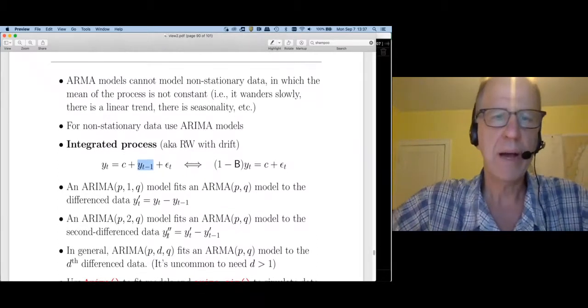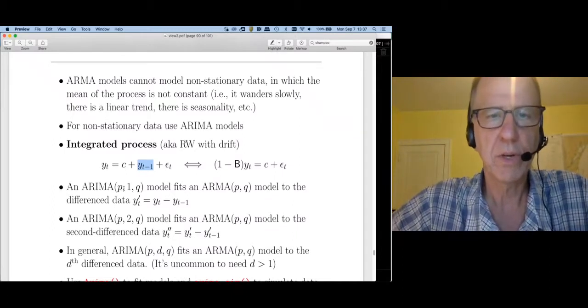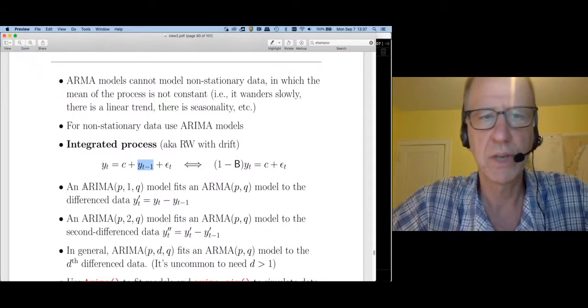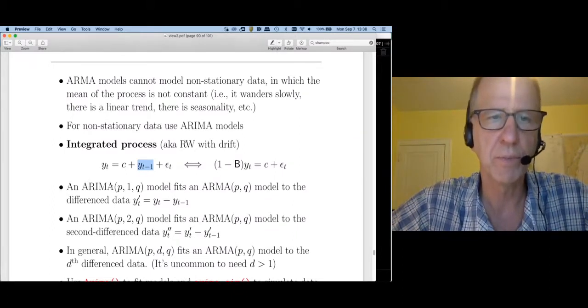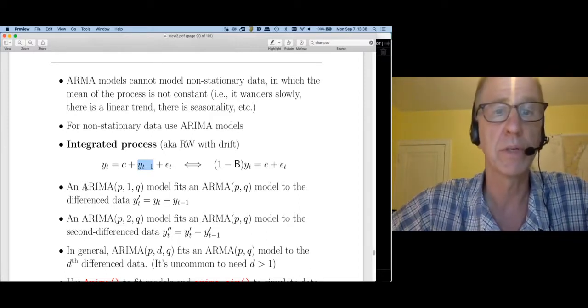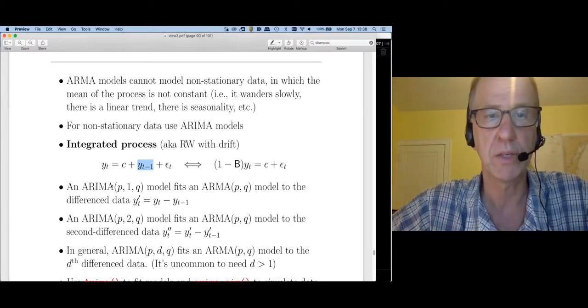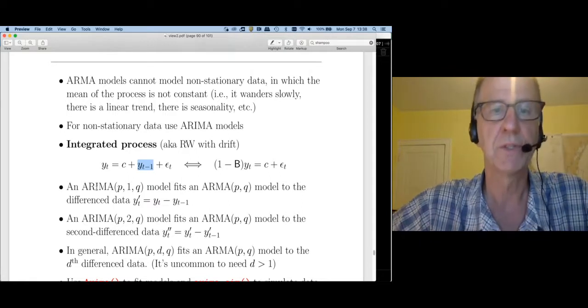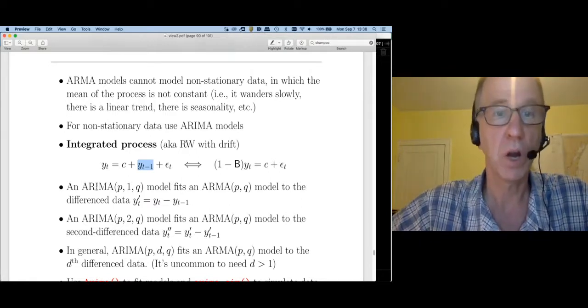We're now going to add this integrated process. So instead of just having an autoregressive moving average process, we're going to have an autoregressive integrated moving average process, where we add this differencing step before doing the ARMA model.